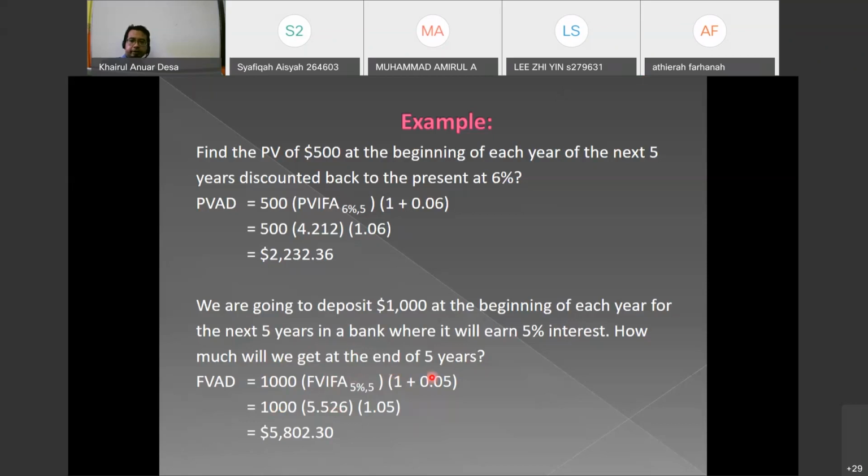Okay, tengok soalan yang bawah ni. This is the future value annuity due. Okay, the formula first. Future value annuity due. Payment.